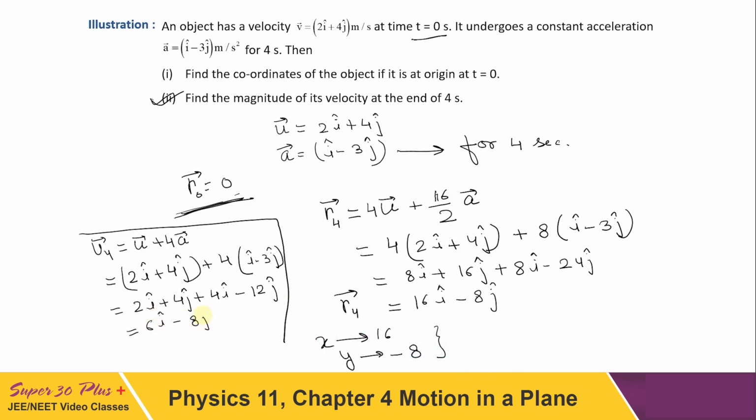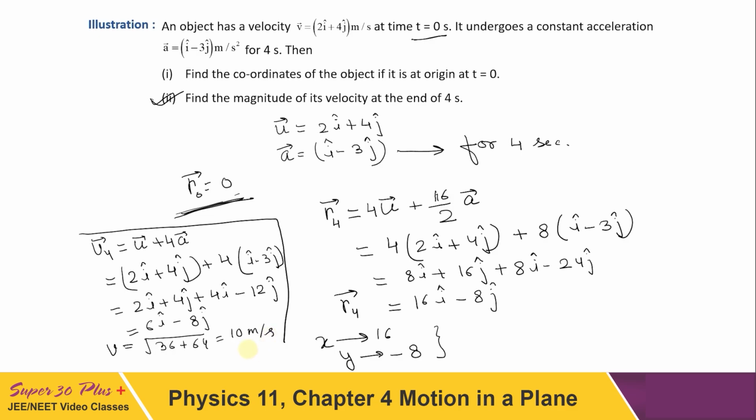That will give us 6i minus 8j. This is the velocity in vector form, and if we are interested in its magnitude, that can be written as square root of 6 square plus 8 square, which is 36 plus 64. This comes out to be 10 meter per second. What about its direction?